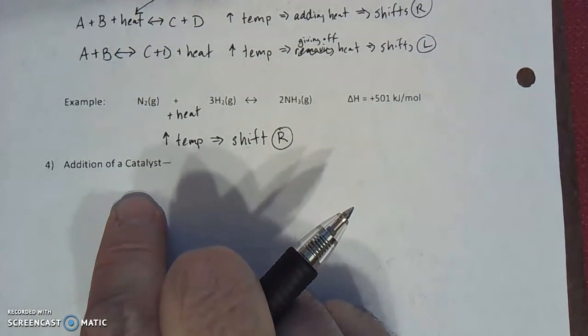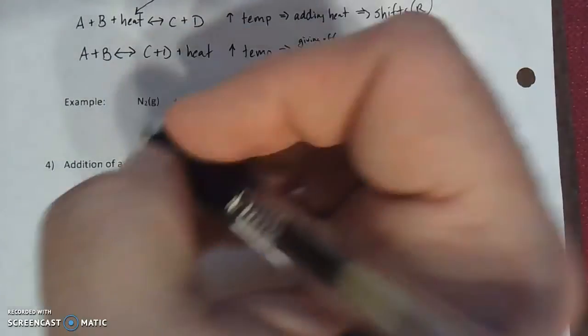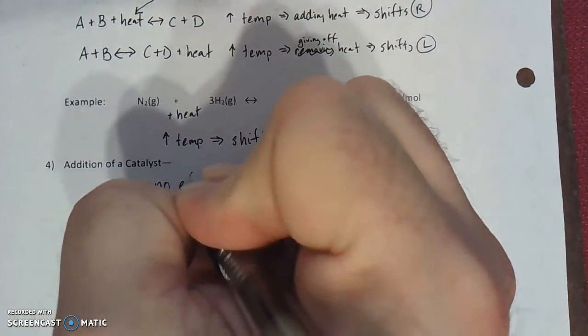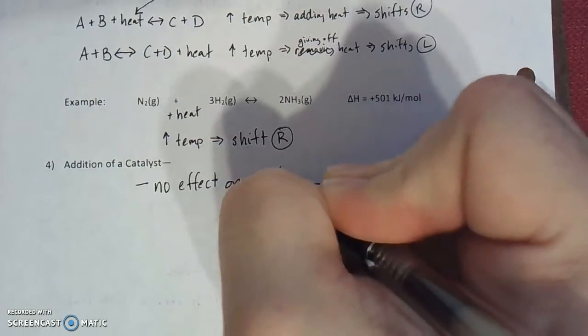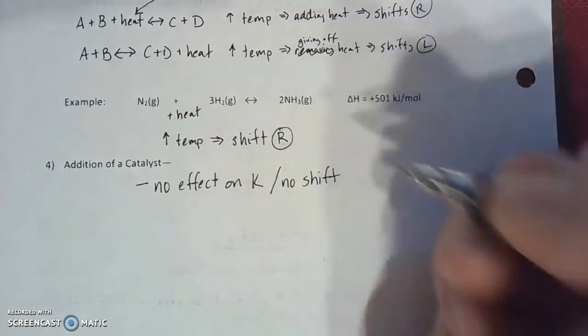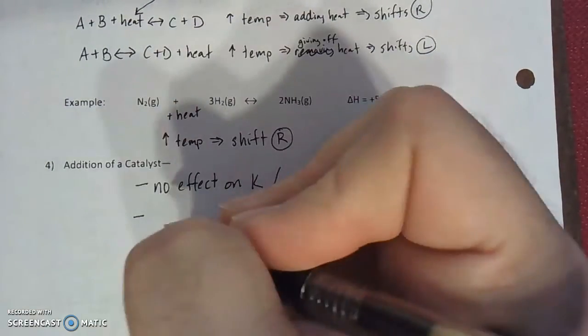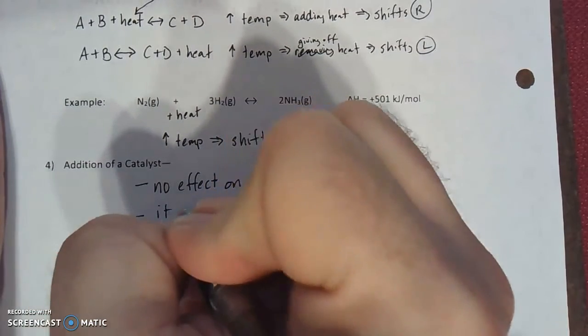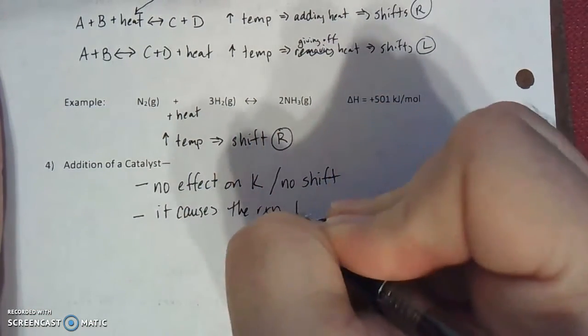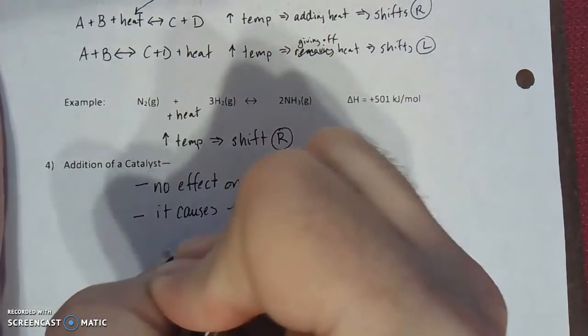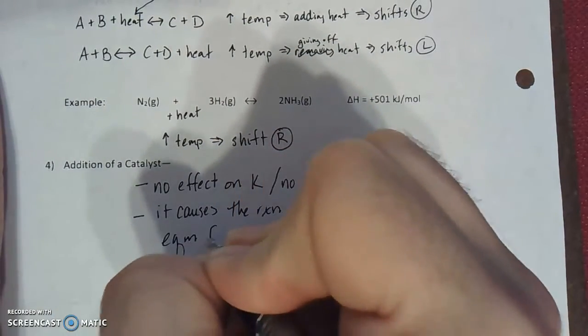Our last thing is an addition of a catalyst. This has no effect on K, so there's no shift. All a catalyst does is cause the reaction to reach equilibrium faster.